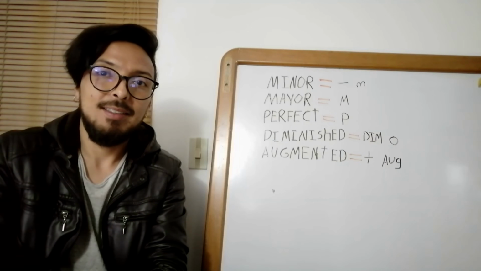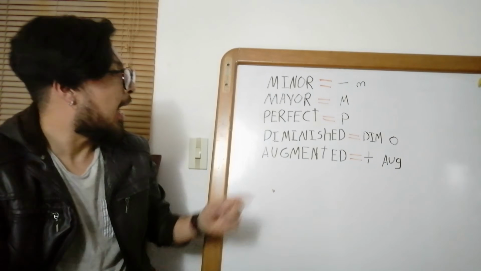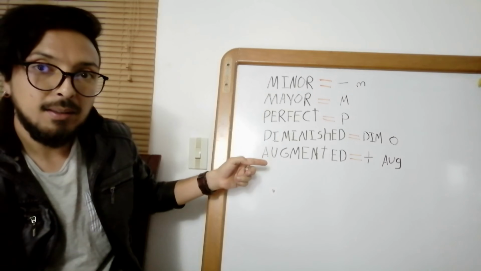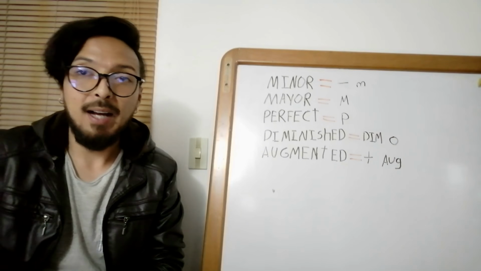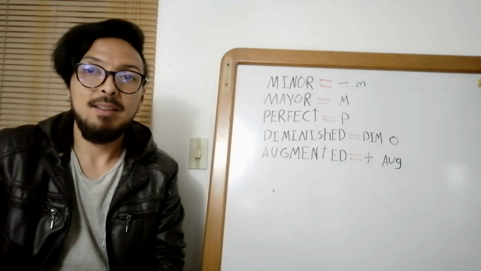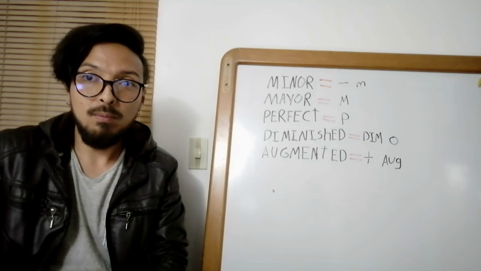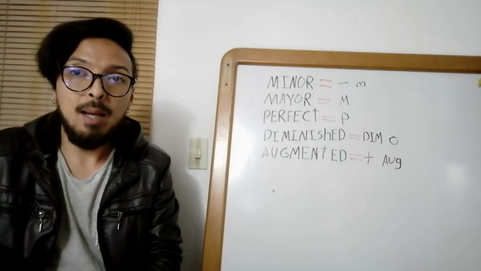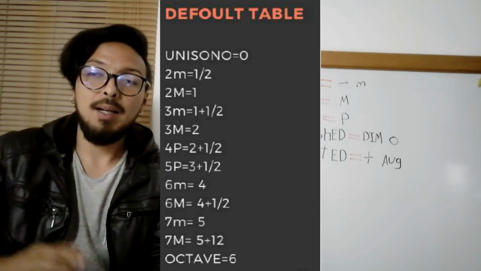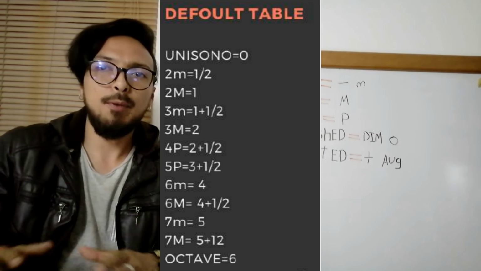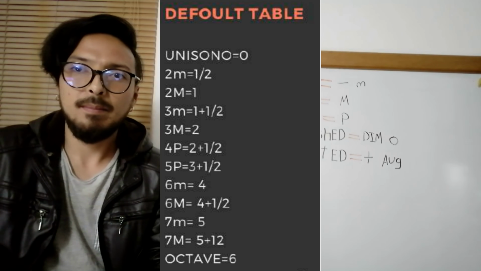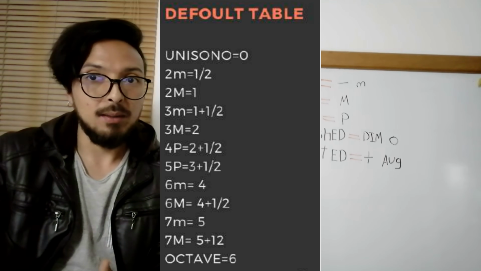Perfect. So basically we have the names, we have our ladder, and we need to count. So at this moment, I'm going to put on the screen our default interval table.